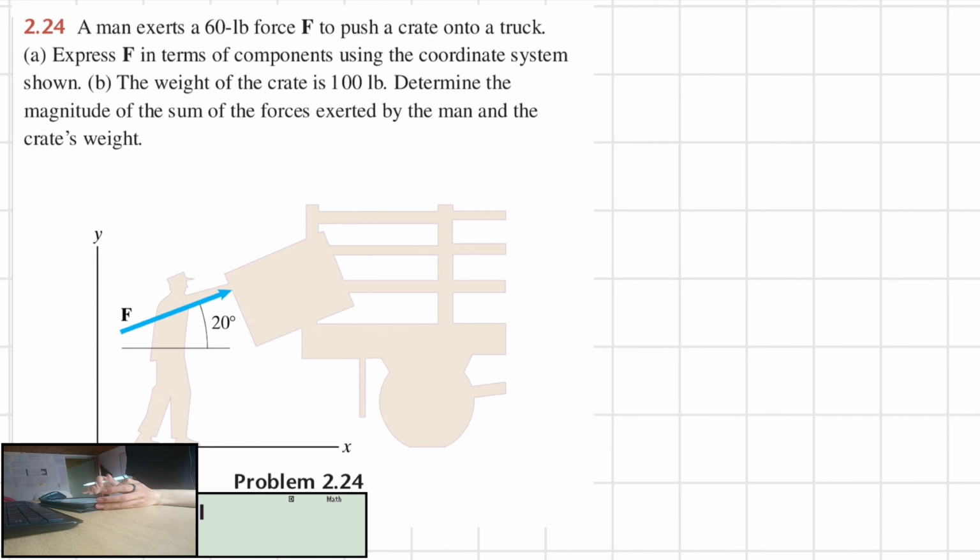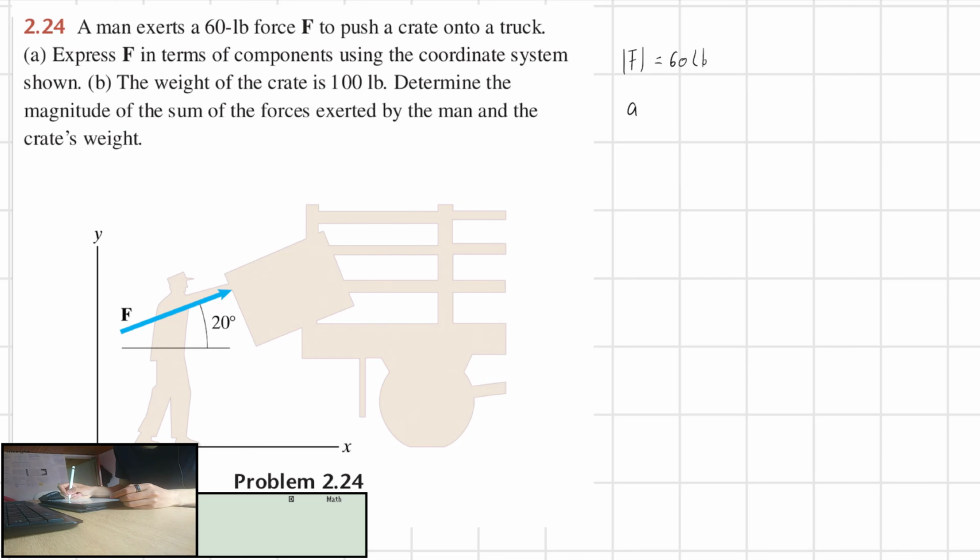Alright, so the first thing, as always, is writing down the information that the exercise gives us. So right here I have a force whose magnitude is equal to 60, in this case pounds.